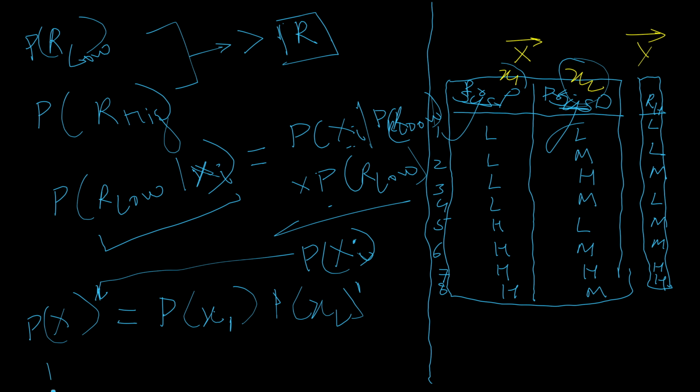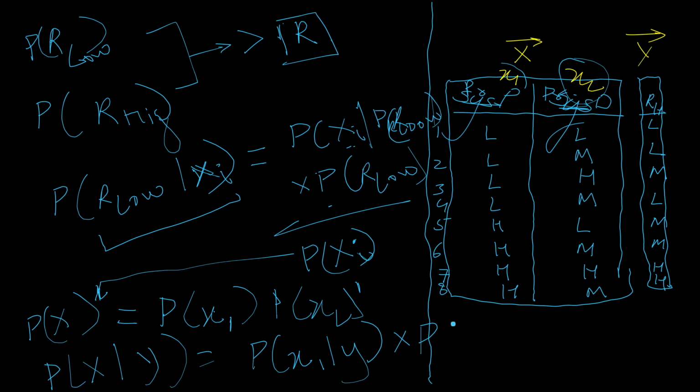So this will become P(x given y), I'm calling this y, is equal to P(x1 given y), and the same thing we can have for the conditional distribution also. So if that had been x1, y, then you can simply multiply if x1 and x2 are independent of each other. Okay, so we'll be using these two notations now.